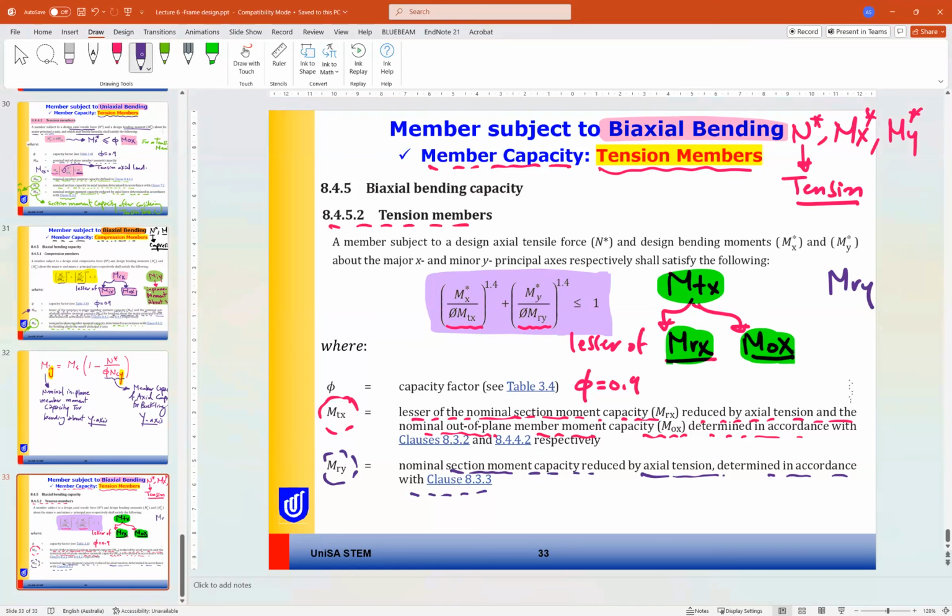So MRY is the nominal section moment capacity.